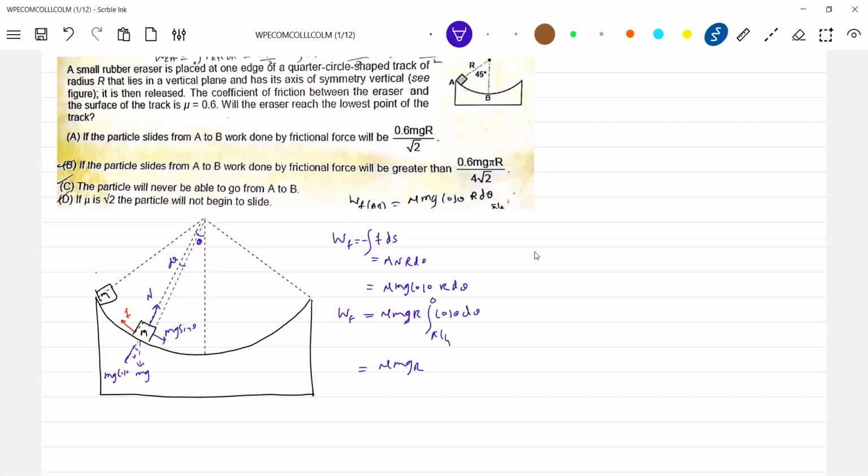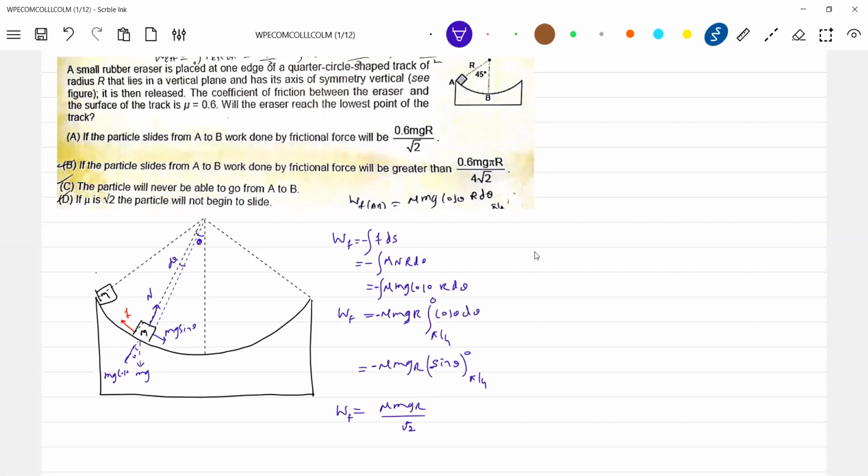Okay, we'll put a negative sign. This gives sin theta, so mu mg r by root 2. This is the work done by friction.